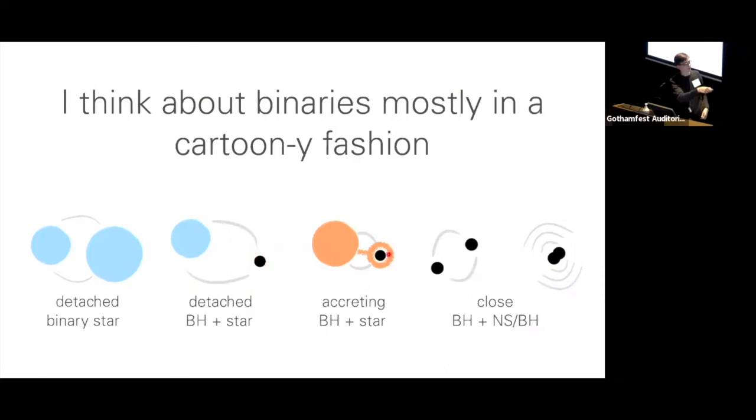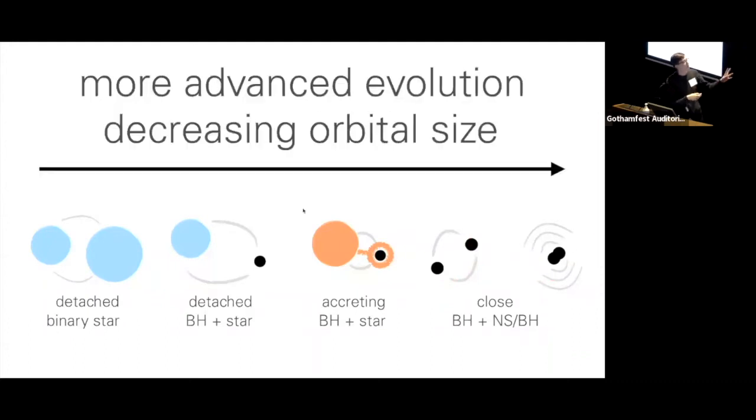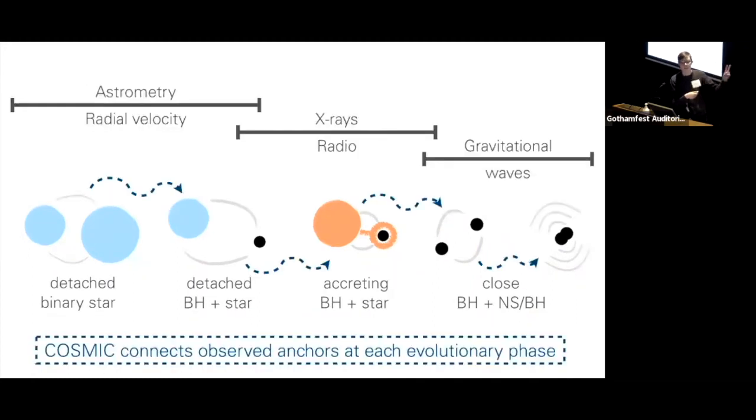Your companion might start to accrete onto you, you become a close double compact object, and then eventually merge. In general, more advanced binary evolution leads to decreasing orbital size, and these orbital sizes lead to differences in how you observe these types of systems. So in general, different orbital scales are observable with different observational techniques.